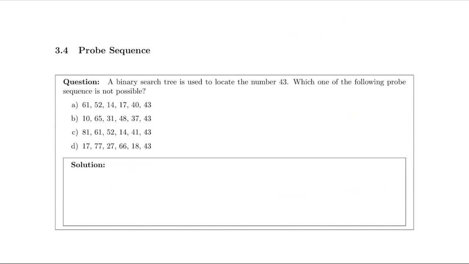So a binary search tree is used to locate the number 43. Which one of the following probe sequences is not possible?